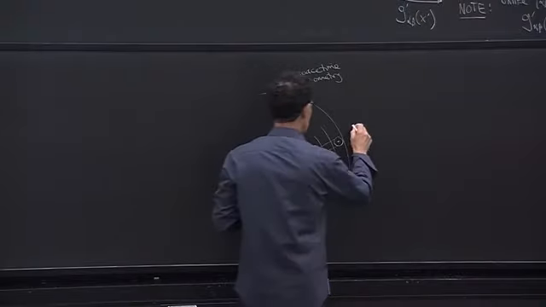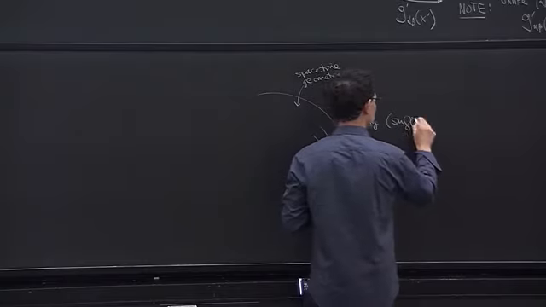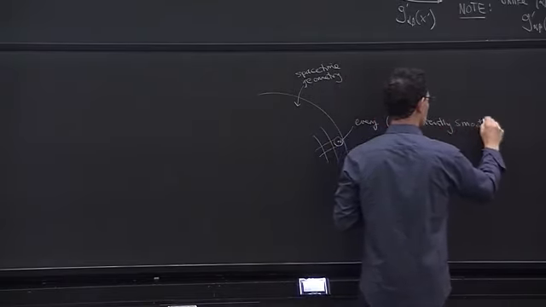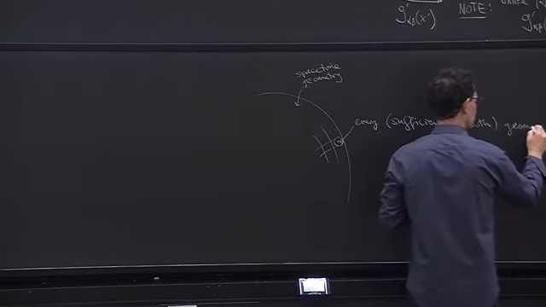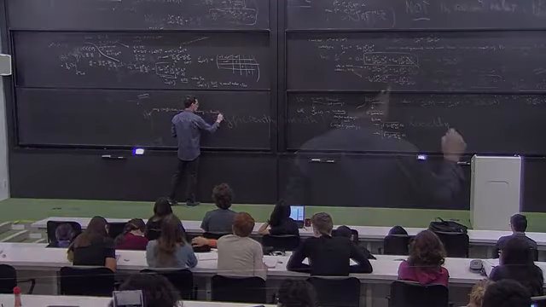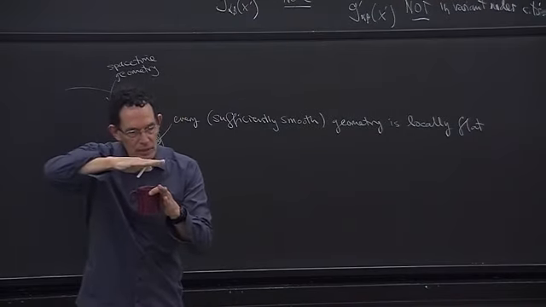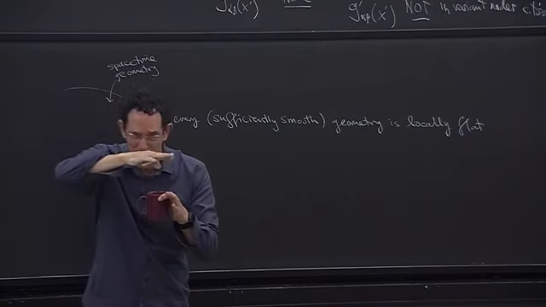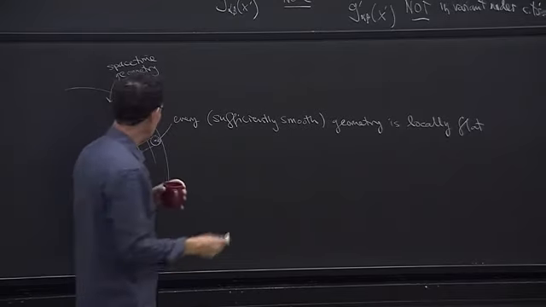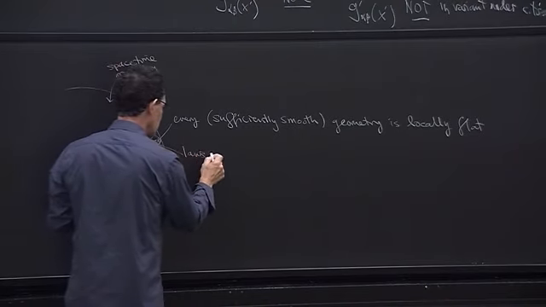Right? So every sufficiently smooth geometry is locally flat. Okay, it just means that I can always go up to some point and just look in its immediate vicinity and it basically will look flat. All right? And it turns out in this vicinity, the laws of special relativity hold.